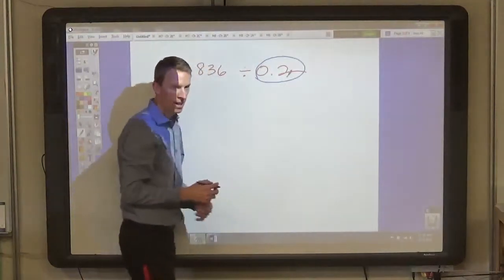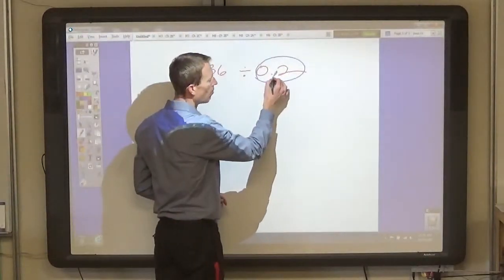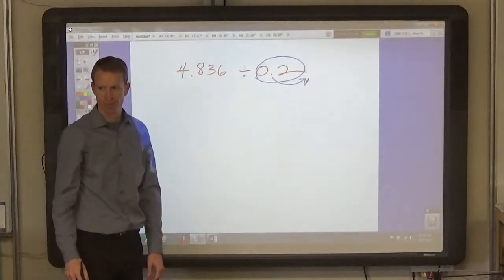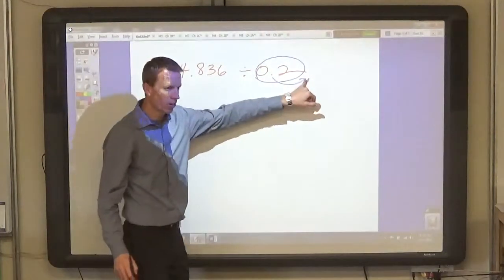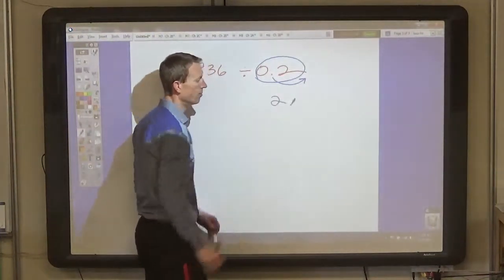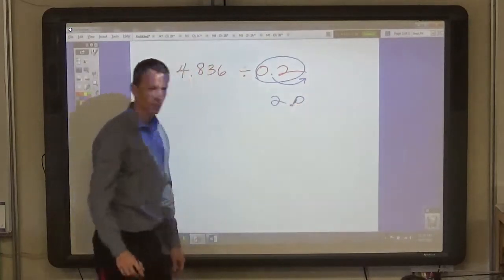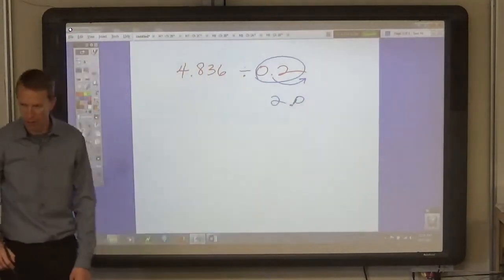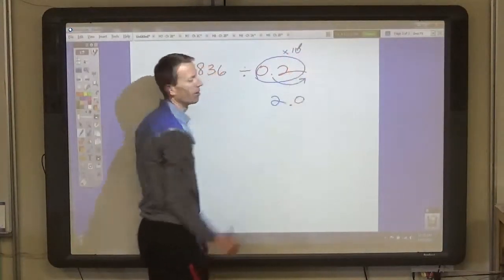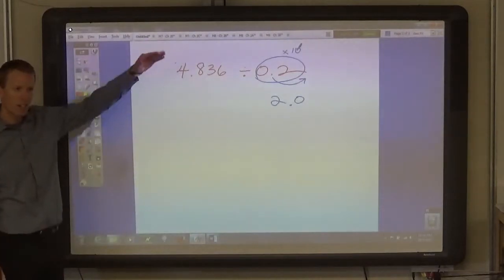Is it a whole number right now? We're going to have to move this decimal point to the back of the number. So simply take and draw an arrow, and then underneath it write 2. Or it's now 2.0. We just moved that decimal place over, or we made it 10 times bigger. Just like you did in your example.